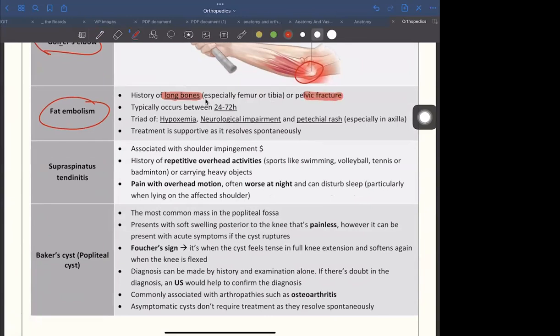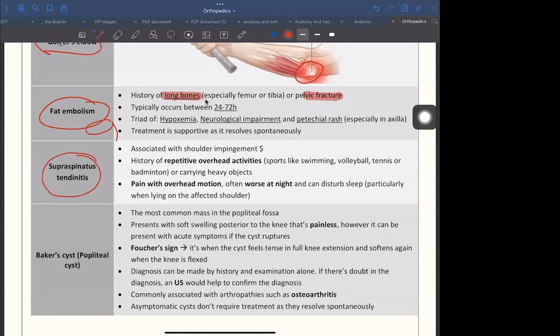The patient will present with some neurological symptoms, a petechial rash all over the body, and hypoxemia. Basically, the fat coming from inside the bone is transferred into the blood and travels over the body. It will come to the skin, the brain, and the lung, and will present with hypoxemia, neurological symptoms, and petechial rash.